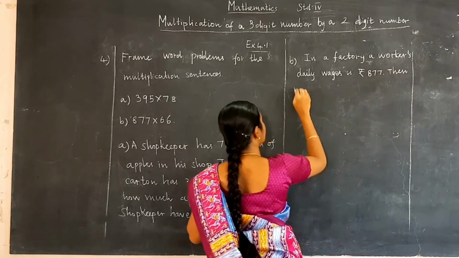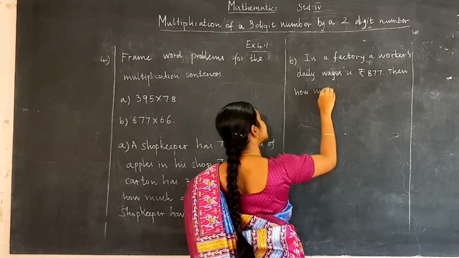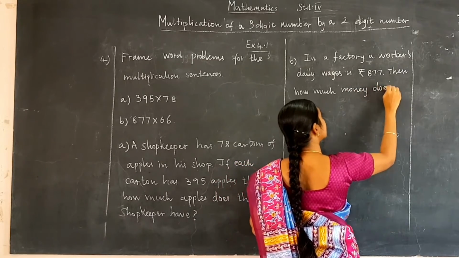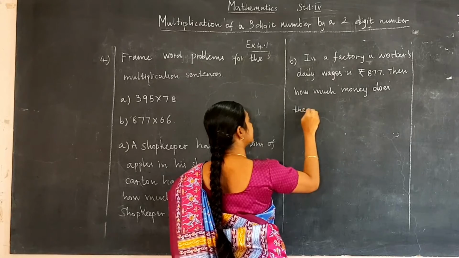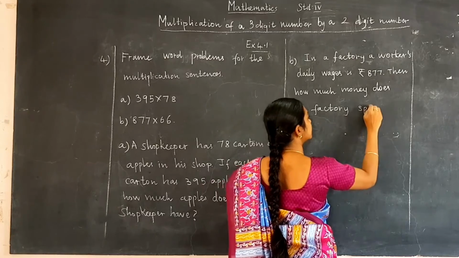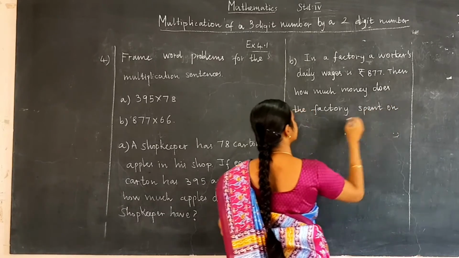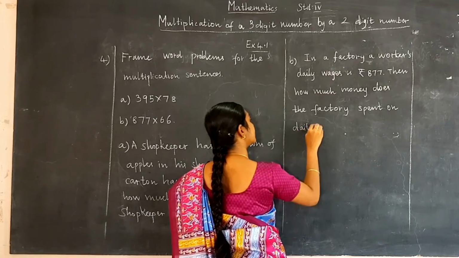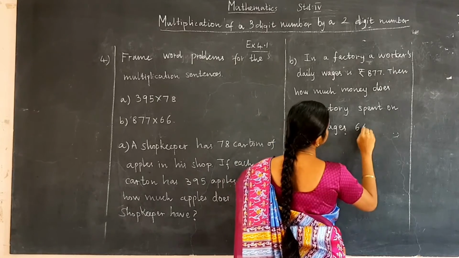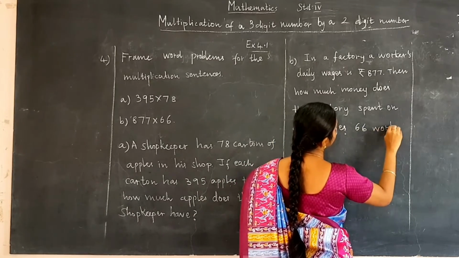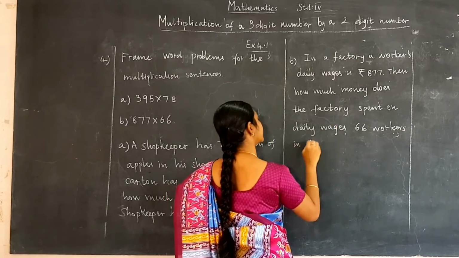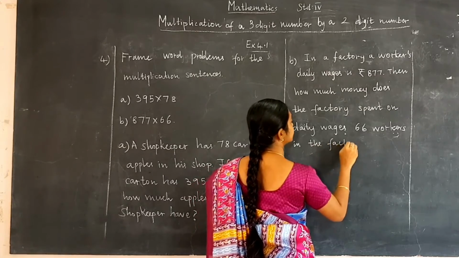Then how much money does the factory spend on daily wages of 66 workers in the factory?